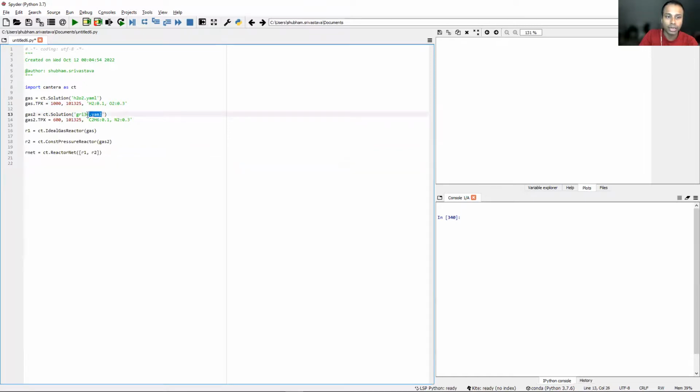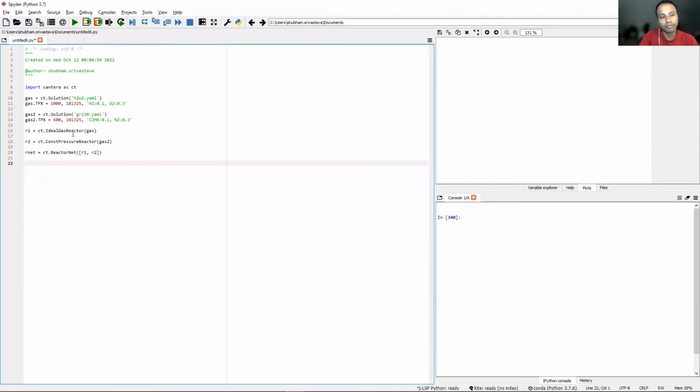And I've used the GRI 3.0 input data file for this. Here I used H2O2.yml. Now for the gas 2 phase, we have ethane and nitrogen at 600 Kelvin. So the first 4 lines are basically, I mean, we've seen this multiple times in the past. This is just defining the phase.